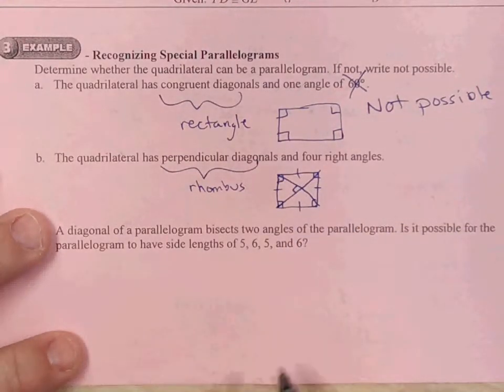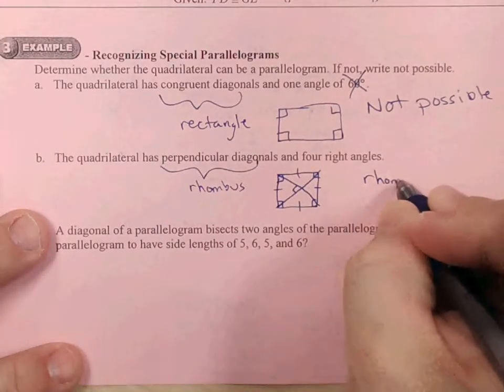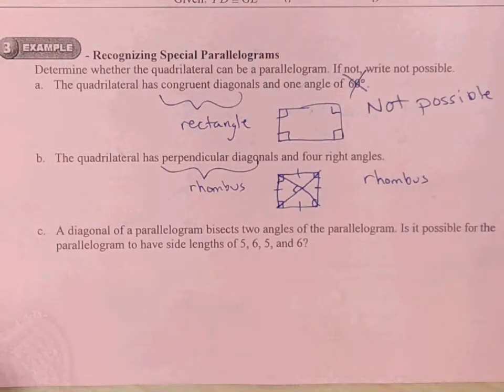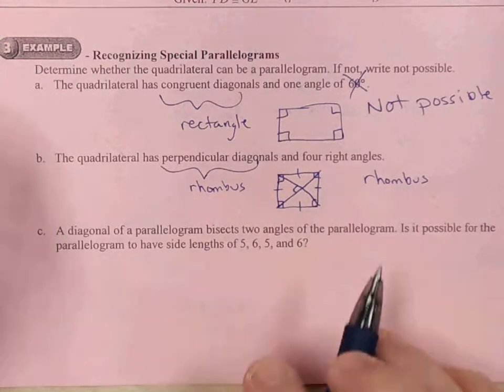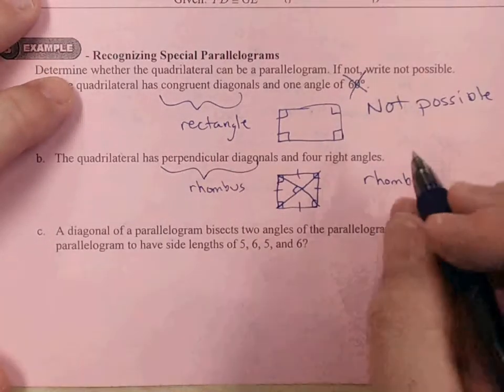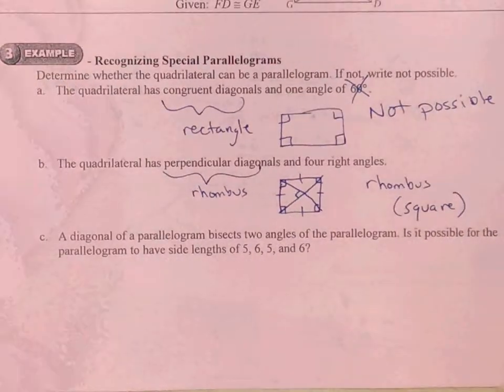And that is absolutely true. So we do have a rhombus, not a rectangle, but this rhombus is a special rectangle, which is going to be actually a square.